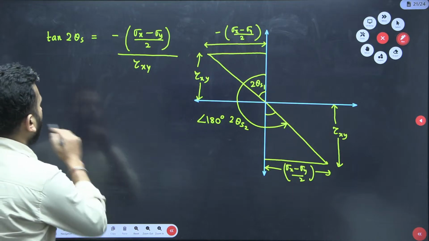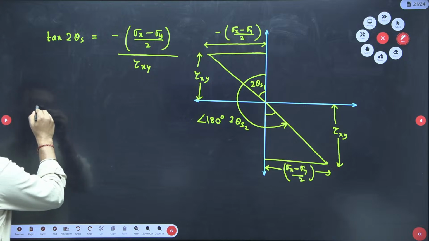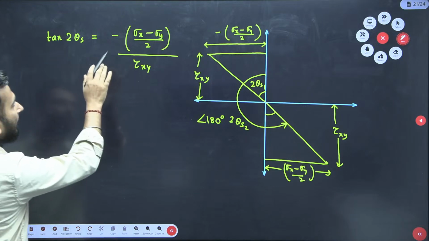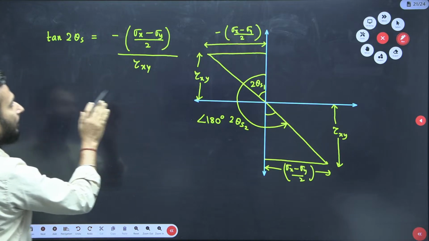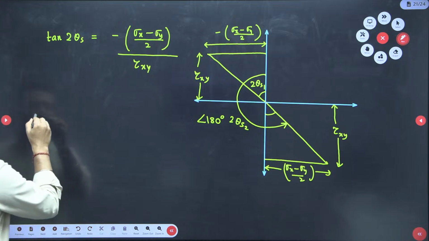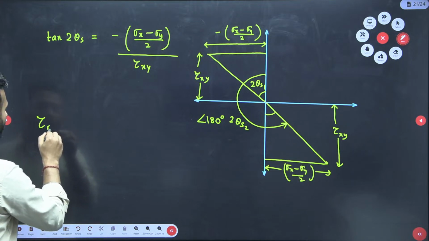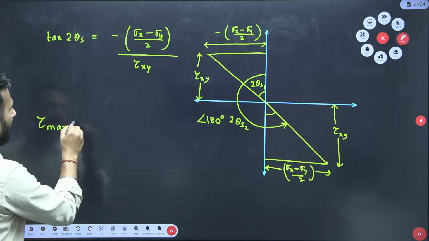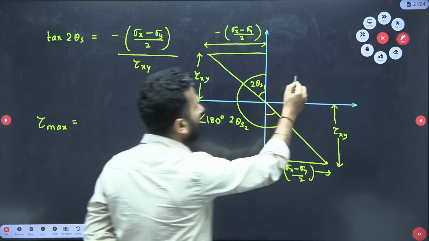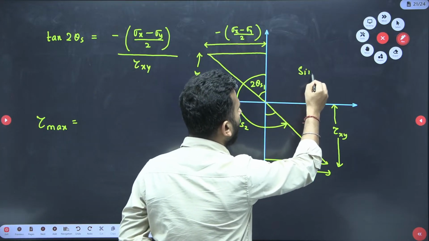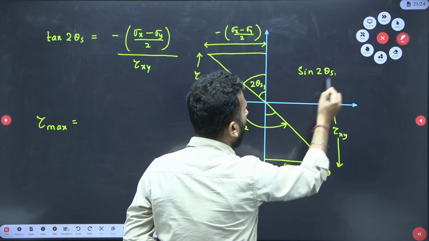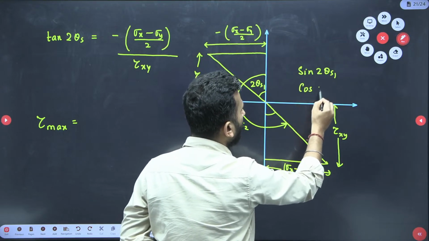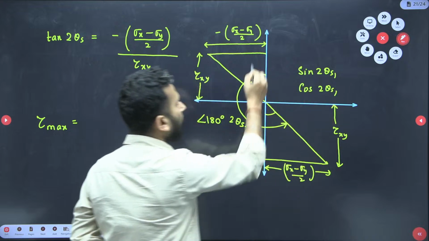One more thing, what is the maximum value? We have determined the planes of maximum in plane shear stress, but what is the value of say tau max? From here I can get the value of sine 2 theta s1, and I can get the value of cos 2 theta s1 from this triangle, either of the triangles.